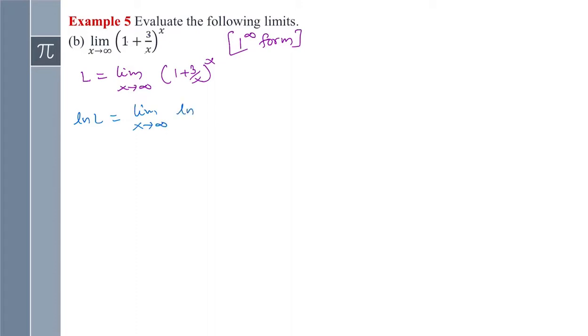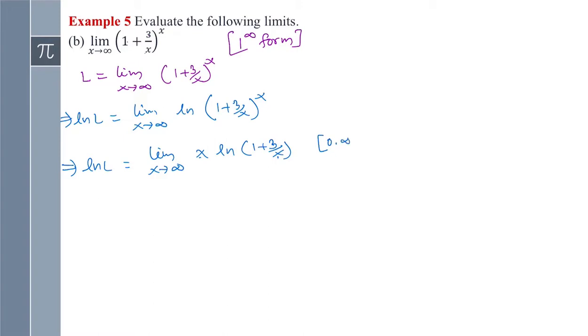I can write natural log of (1 plus 3 over x) to the x, and then we can bring that power down, so natural log of L equals the limit as x approaches infinity of x times natural log of 1 plus 3 over x. Now this is of the form infinity times 0, because when you plug in infinity here, 3 over infinity is 0, so natural log of 1 is 0, and then we have infinity, which is the same as saying 0 times infinity form.